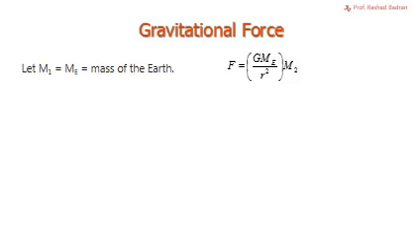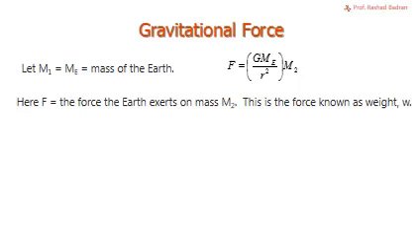If we consider m1 as the mass of the Earth, and insert that into the relation, we get force equal to G times the mass of the Earth times the mass of the object, divided by r squared. Here, the force will be exerted by the Earth on the mass, and this force will be called weight.